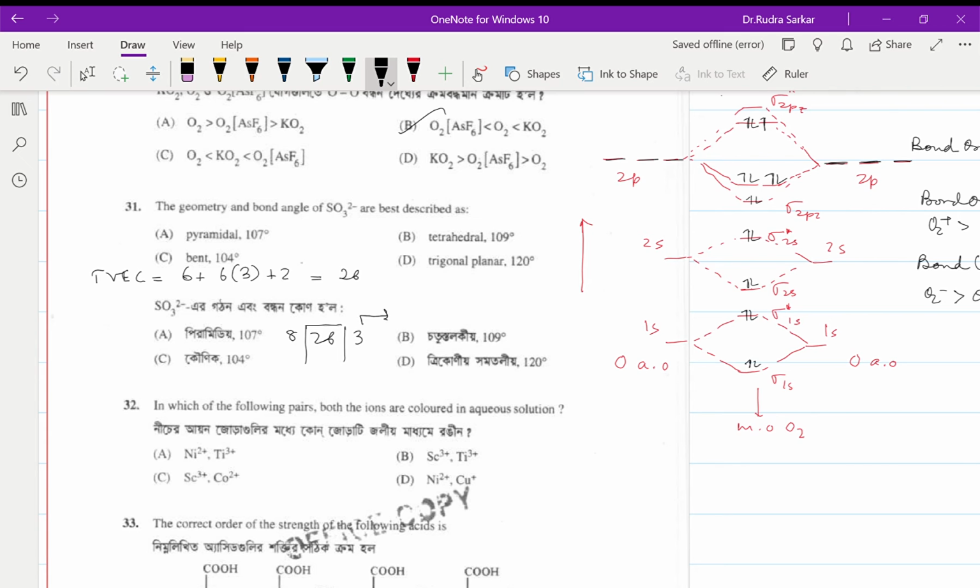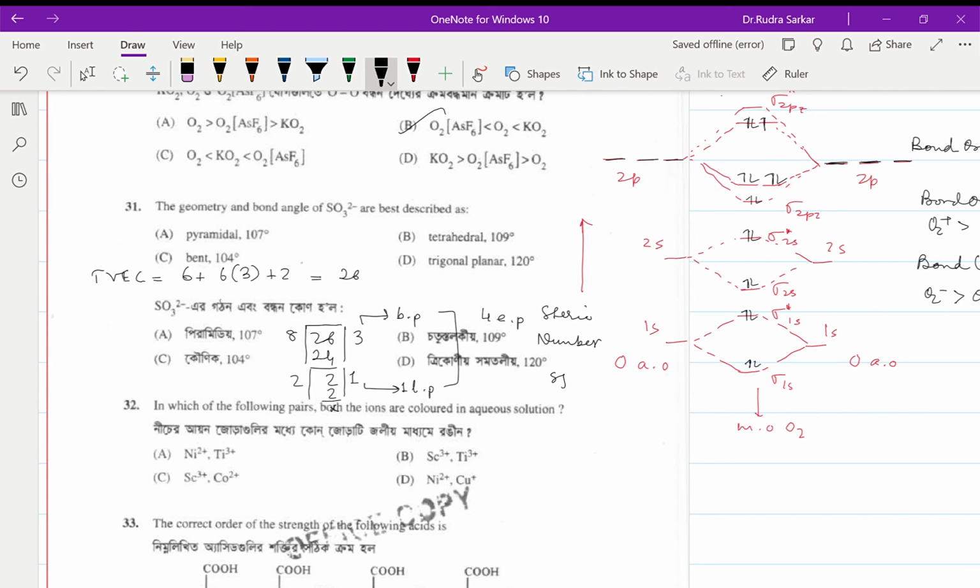This is indicating bond pairs. The remainder is 2, so we divide by 2, and that gives 1. So this is indicating lone pairs. So in total, we will say there are 4 electron pairs, and this is our steric number.